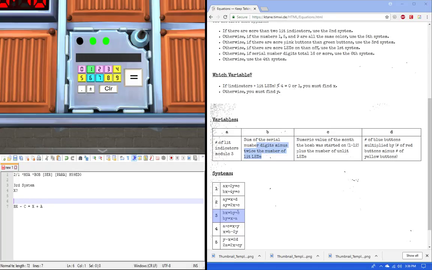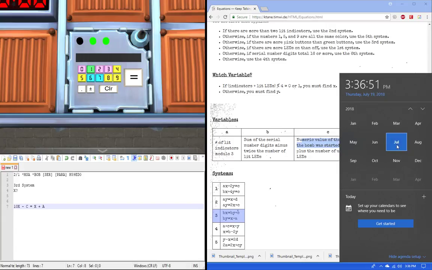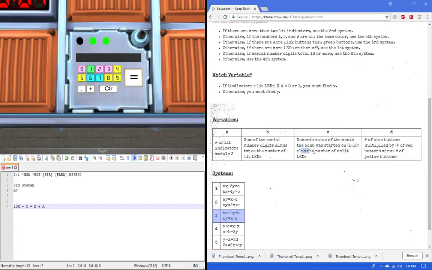So we're going to replace b with 10. C is the numeric value of the month that was started on. Our month was started on July, which is the 7th month, plus the number of unlit LEDs. So 7 plus 1 is going to be 8. So 10x minus 8. Then we have equals x plus a.